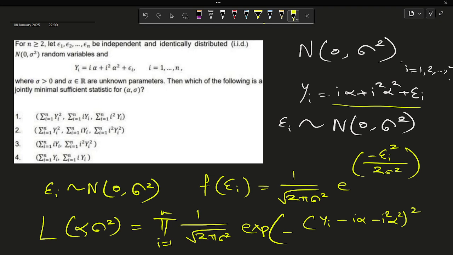So this is epsilon i square by 2 sigma square.